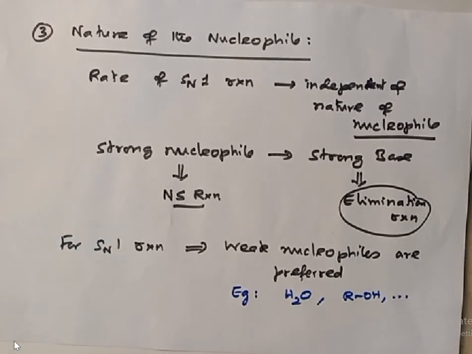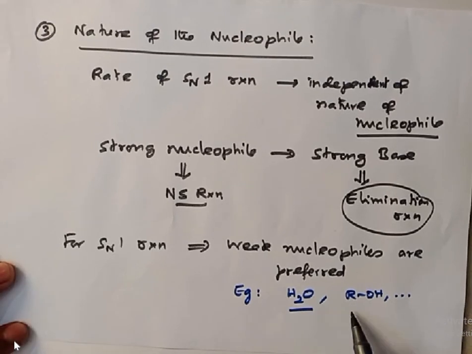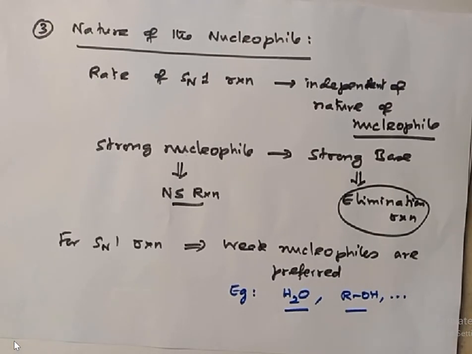So to avoid elimination, for SN1 reactions we use weak nucleophiles. Examples: water, alcohol, etc.